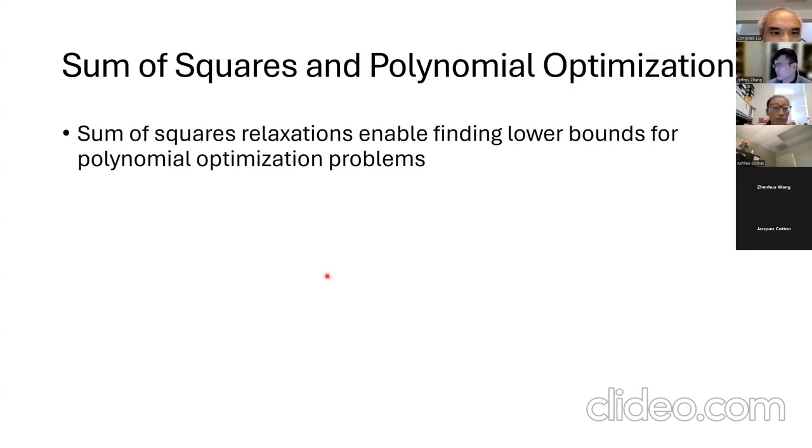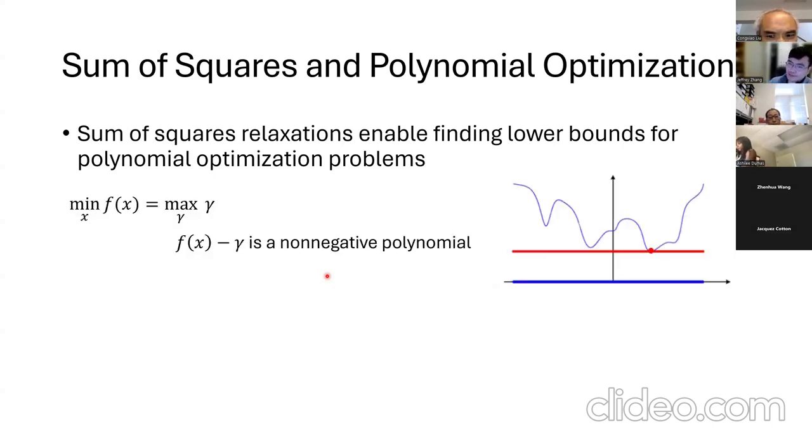So how do people use this in optimization? They use this for finding lower bounds for the optimal value of optimization problems. Imagine you want to minimize a function f. In terms of the optimal value, it's equivalent to maximizing gamma such that f(x) minus gamma is a non-negative polynomial.